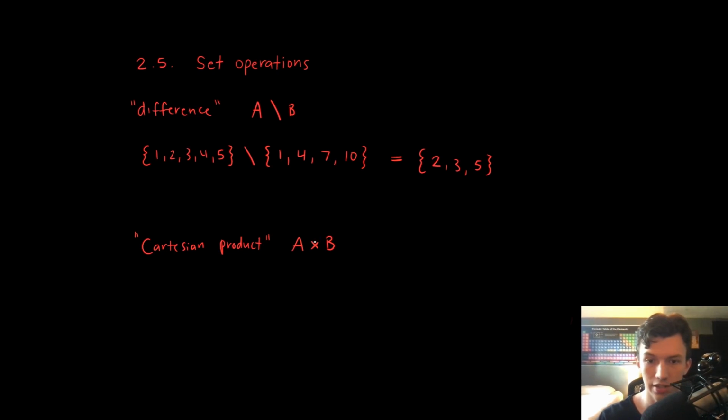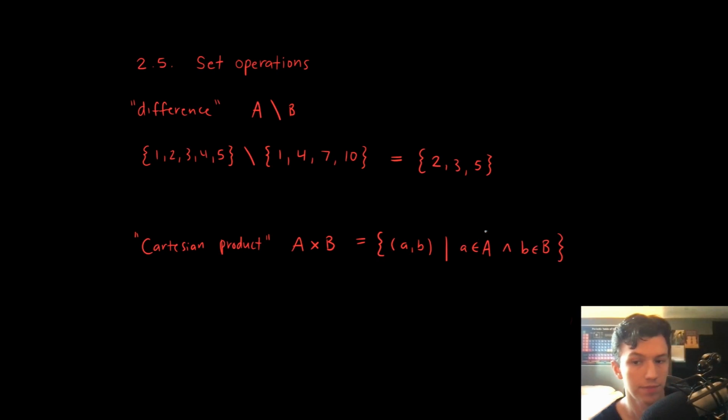A times B is defined to be the set, and I'm going to use set builder notation, of ordered pairs (a, b) such that, and here's my predicate, a is an element of the big set A, and b is an element of the set B. So this second part here is my predicate, right? It's a proposition when I have inputs small a and small b. And the first part here is just establishing the form of my elements and the bound variables, a and b.